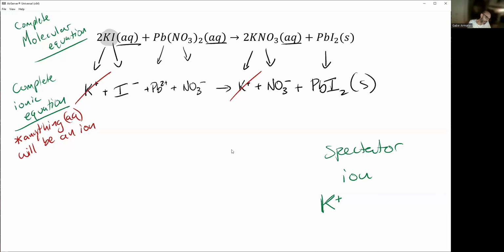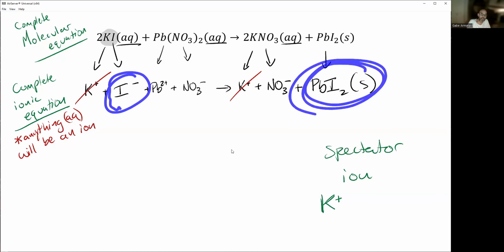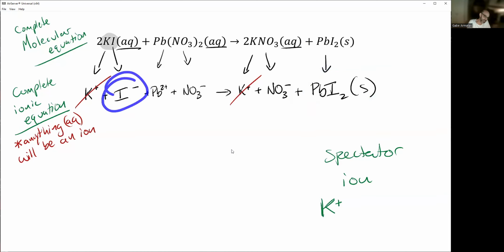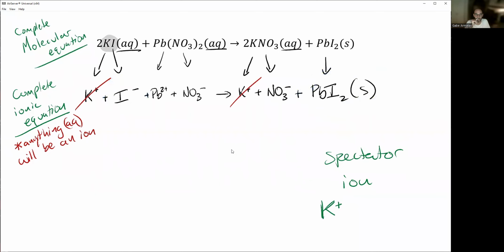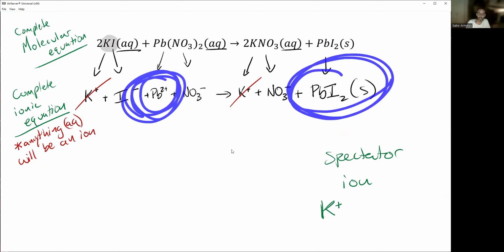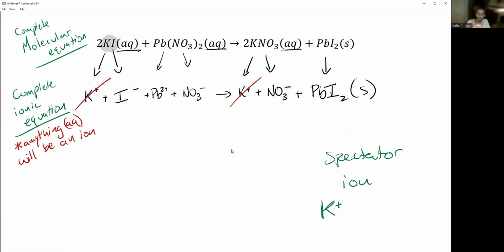Next up, iodine. Iodine is aqueous on this side. It is solid on the other side because iodine was here and now it's a part of this solid compound. So it's actually doing something. It's interesting. Let's keep it. Lead is aqueous here. It is part of the compound there. So we're going to hang on to it. We're not going to eliminate it because it's doing something. And then finally, nitrate is aqueous here.